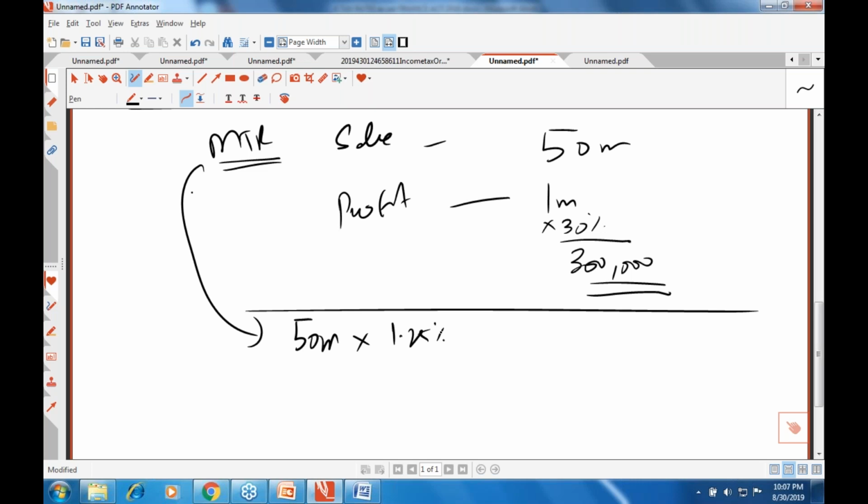But 50 million multiplied by 1.25% gets you 625,000. So although you are getting 300,000 under the normal tax, you will still end up paying 625,000. Why? Because under the minimum tax regime you have to pay a bare minimum amount of tax. Although the tax liability turns out to be 300,000 under the normal tax, the minimum tax, which is 625,000, is to be paid. So you have to pay at least this 625,000.